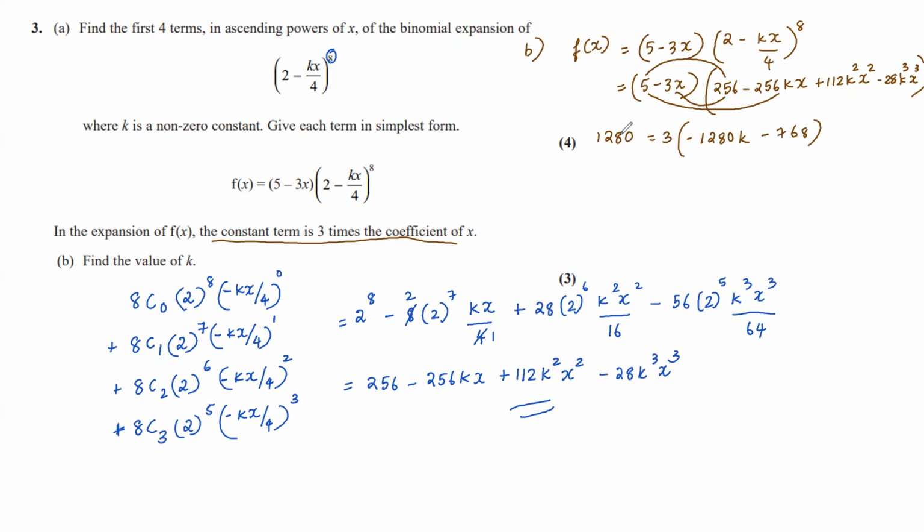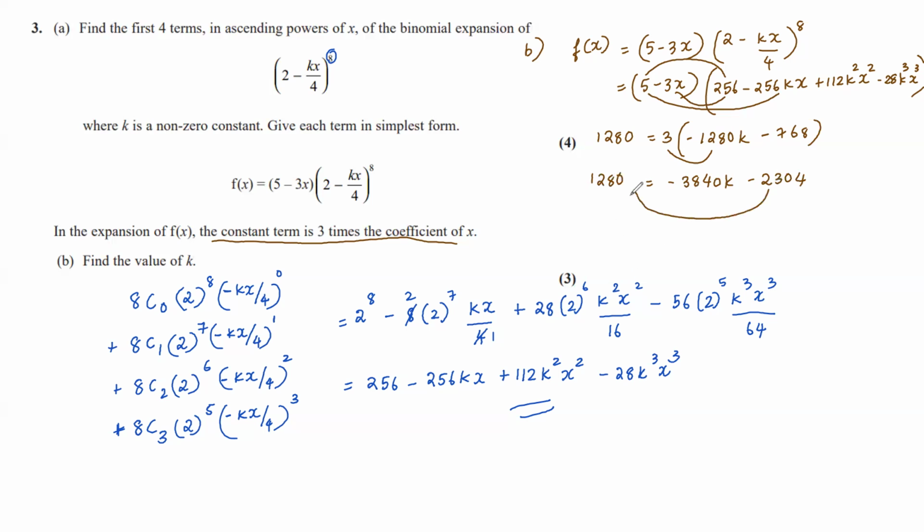Take this 3 to the other side. So 1280, when you divide by 3, is a decimal value. So what we will do is expand the bracket: 3 into minus 1280k gives us minus 3840k, and 3 multiplied by minus 768 gives you minus 2304, equals 1280.